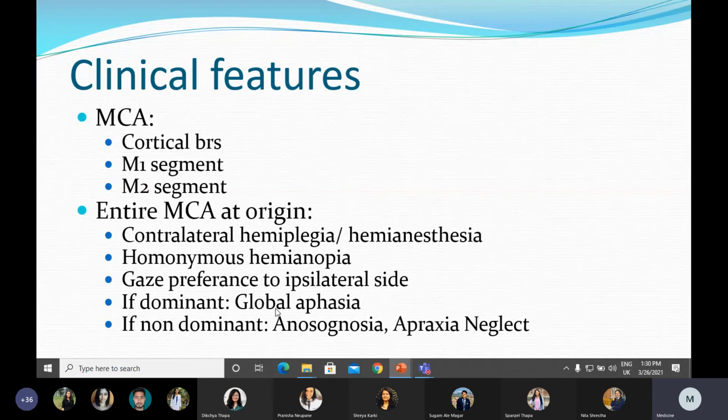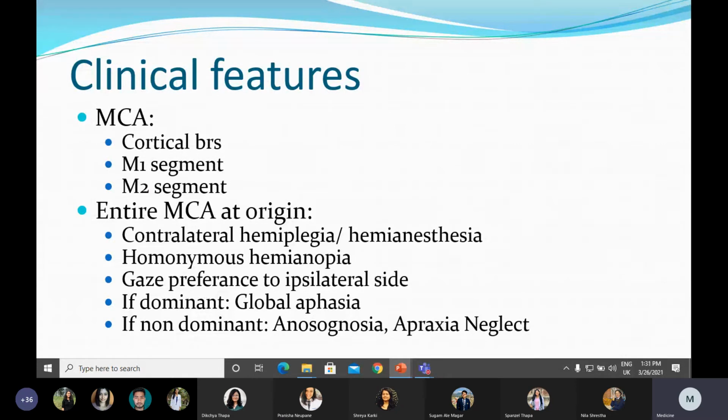And if the patient has involvement of the left hemisphere or left middle cerebral artery, then in a right-handed or left-handed patient, the left hemisphere is the dominant hemisphere for them.